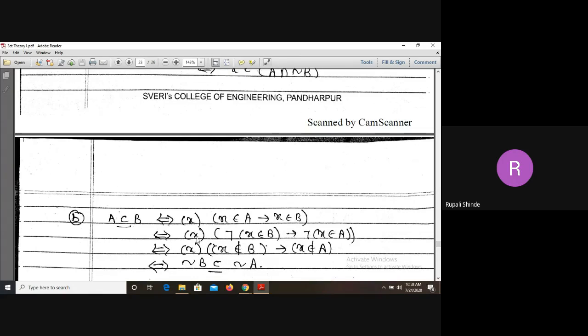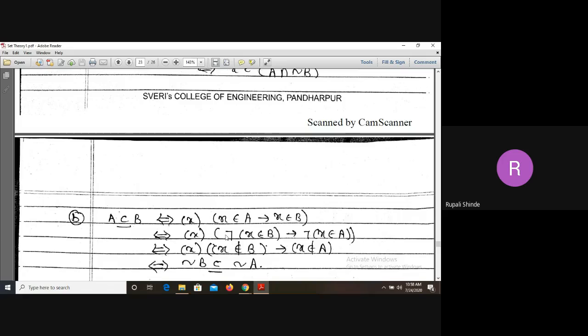That is, for any element x, if negation of x belongs to B, then negation of x belongs to A. So the meaning of these two statements is the same.